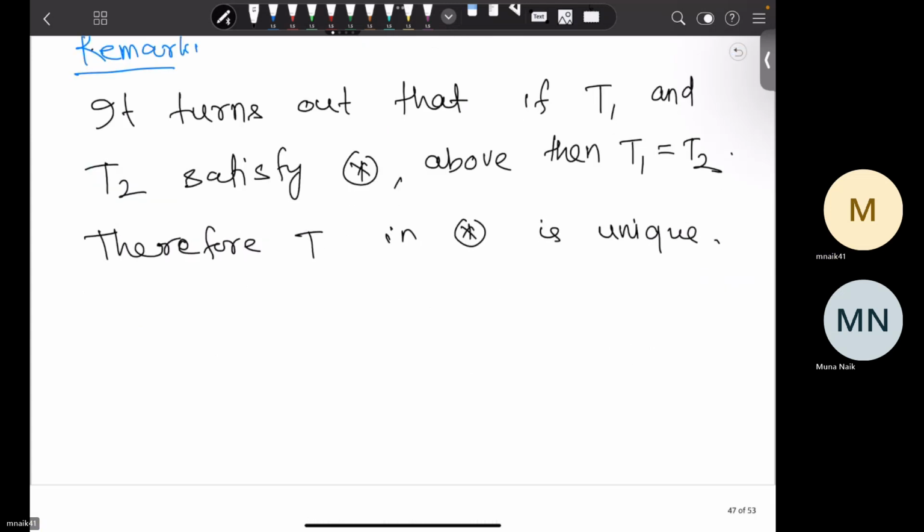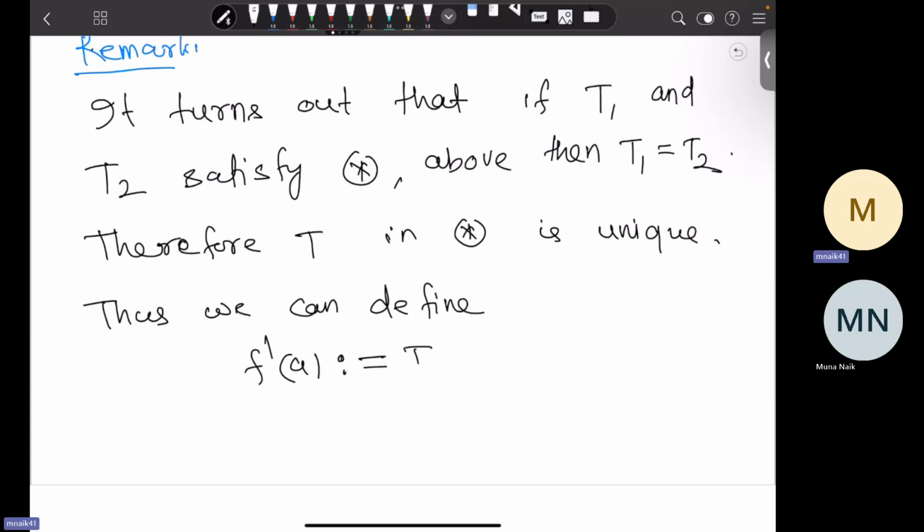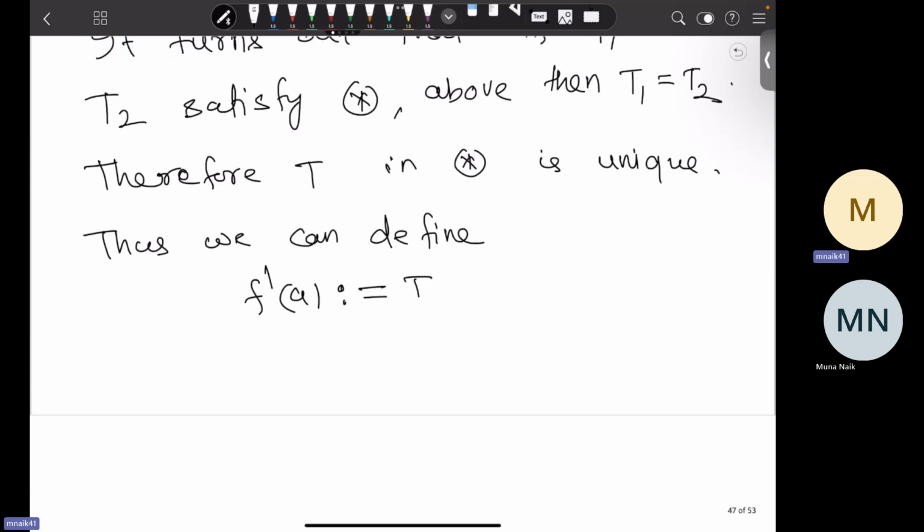So therefore we can define f prime a equal to T, because this T is unique.